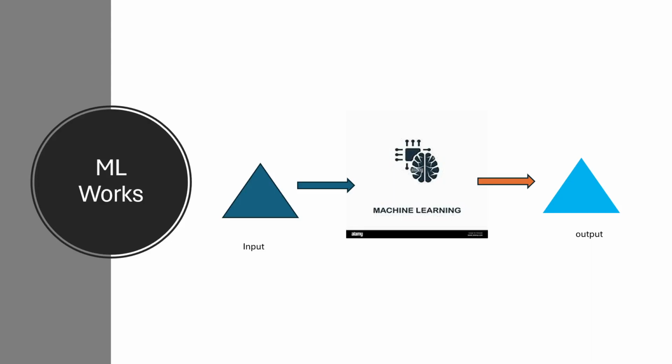Just as a recap, we know how ML works. Basically we develop a machine learning model where we give input, and based on the model it returns an output. The machine learning model can be anything, but today we talk about KNN.